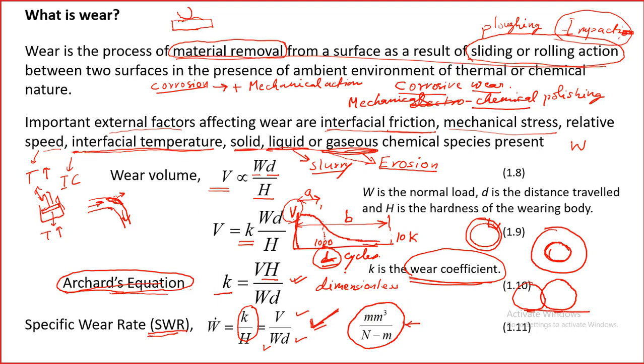So if I measure specific wear rate by running this only for 1000 cycles, and if I run for 10,000 cycles, which wear rate should be more? Initially, wear rate is more, then it decreases.